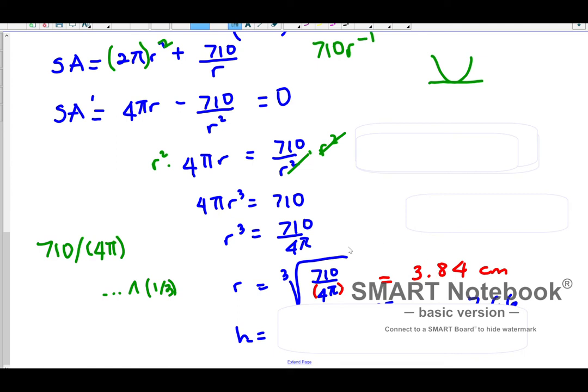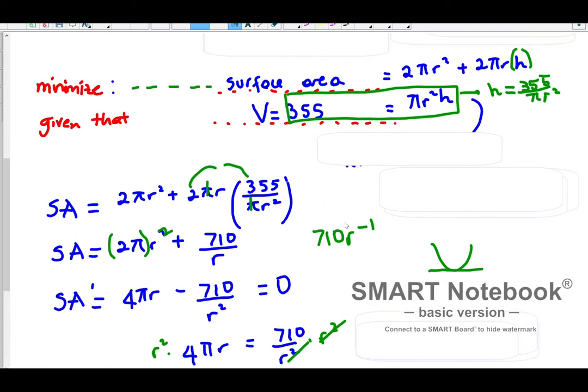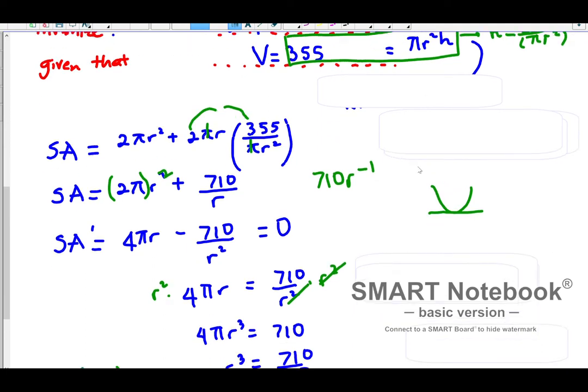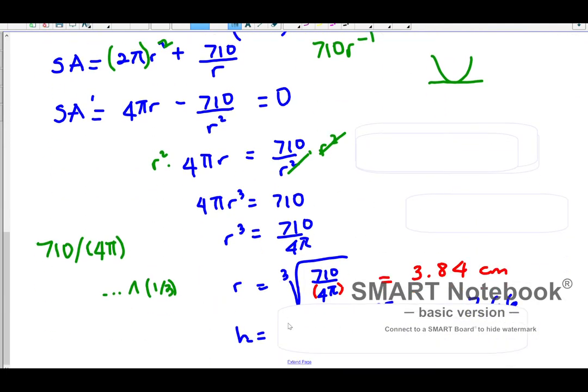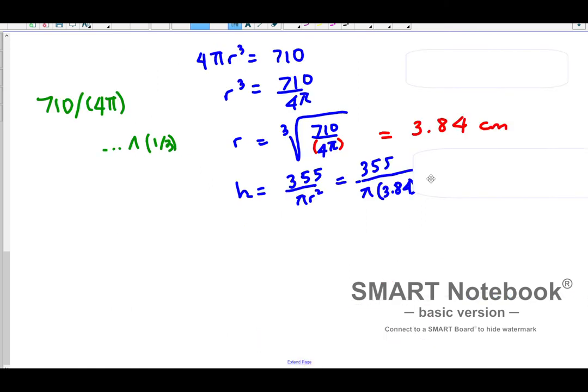Okay, and once we have r, we can go back to one of our earlier equations over here. h equals 355 over pi r squared. So go ahead and plug the value of r in there and square it and evaluate h as 355 over pi times 3.84 squared.